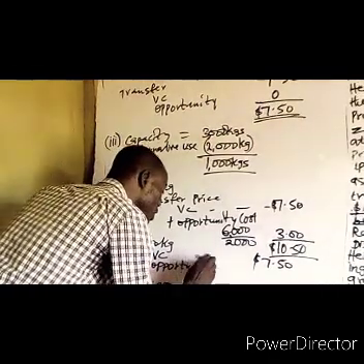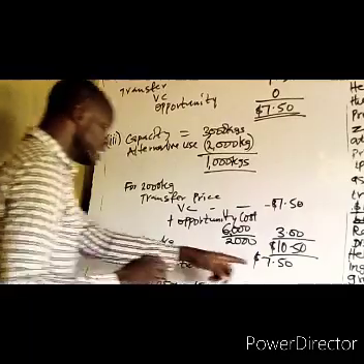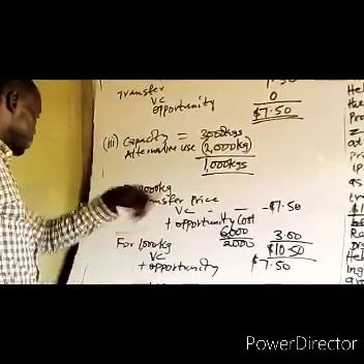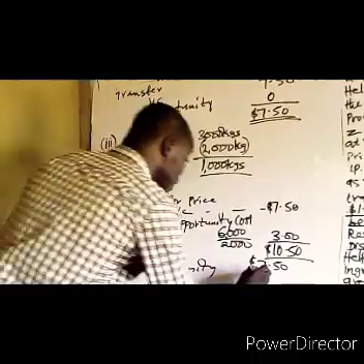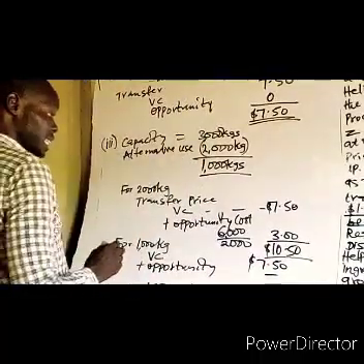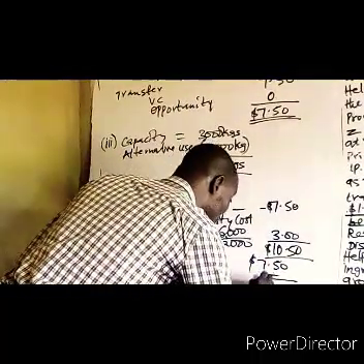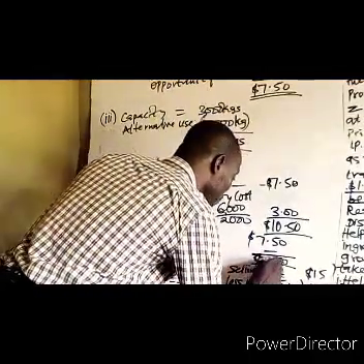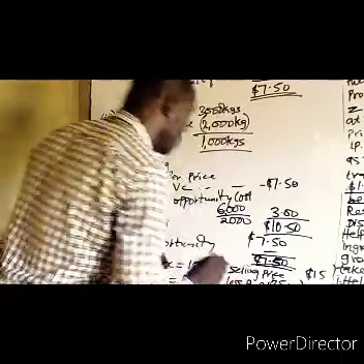And what will be the opportunity cost? If they did not transfer the 1,000, what can they gain from it? They will gain nothing. That means the opportunity cost of making the transfer is nil. Therefore, the transfer price of that 1,000 will be $7.50.